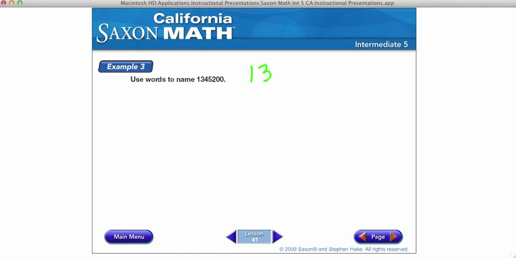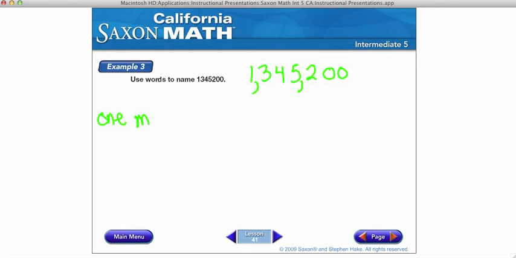So I'm going to write the digits 1, 3, 4, 5, 2, 0, 0. And now working from the right, I'm going to put in my commas. Ones, tens, hundreds, comma, thousands, ten thousands, hundred thousands, comma. So I can read this as 1,345,200.